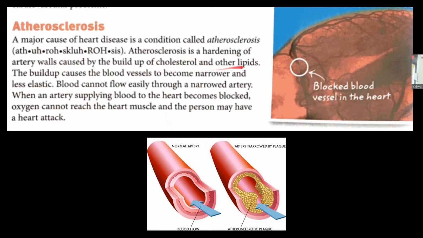There are different fatty kinds of substances. So fat and cholesterol, stuff like that builds up and causes this artery to become narrow, and so blood cannot get through. And so this is called atherosclerosis. And so sometimes the entire vessel can get blocked up. And so in that case, no blood can go through at all. And so when that happens, a person can get a stroke or a heart attack.